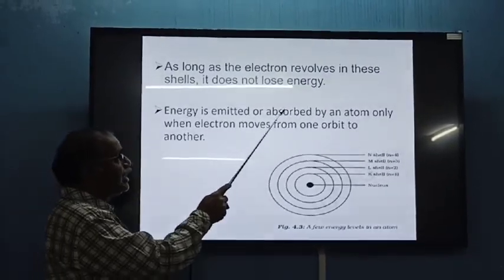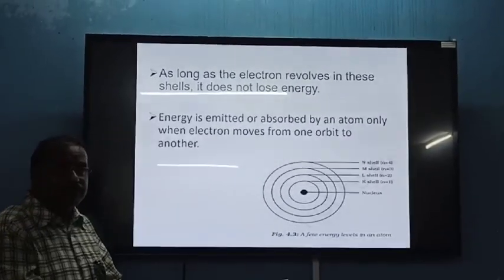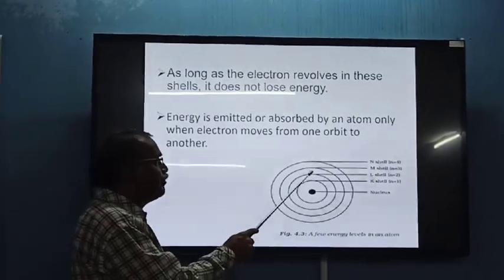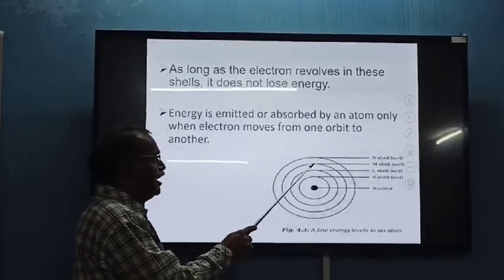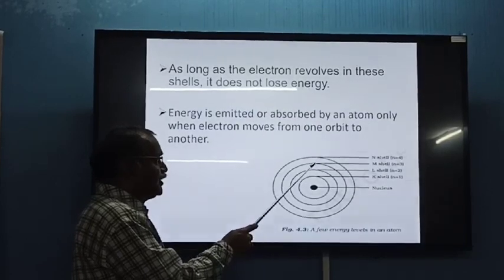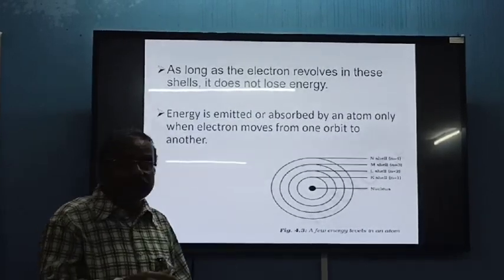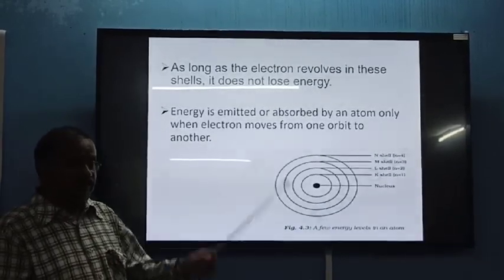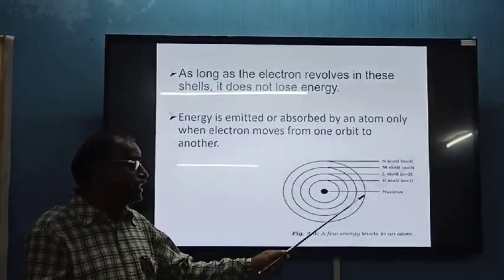Energy is emitted or absorbed. Energy may be given out or absorbed when an electron moves from one orbit to another, from here to here, or from here to here. If they are moving between the shells, then only energy changes will occur. Otherwise, there is no change in their energies.